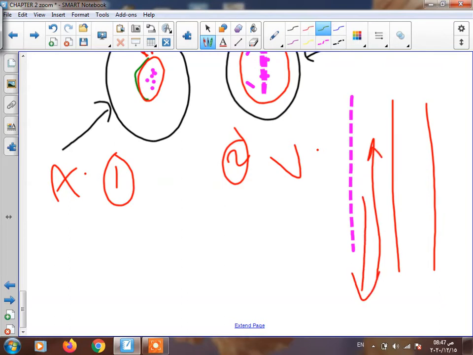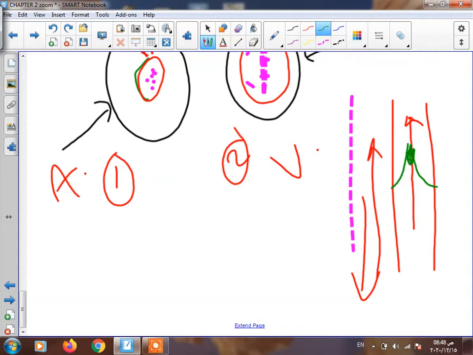So inside the vein there is a valve, in this way. This valve allows blood to move through it and does not allow it to return back, because it will close in this way. So the blood can't move down again.